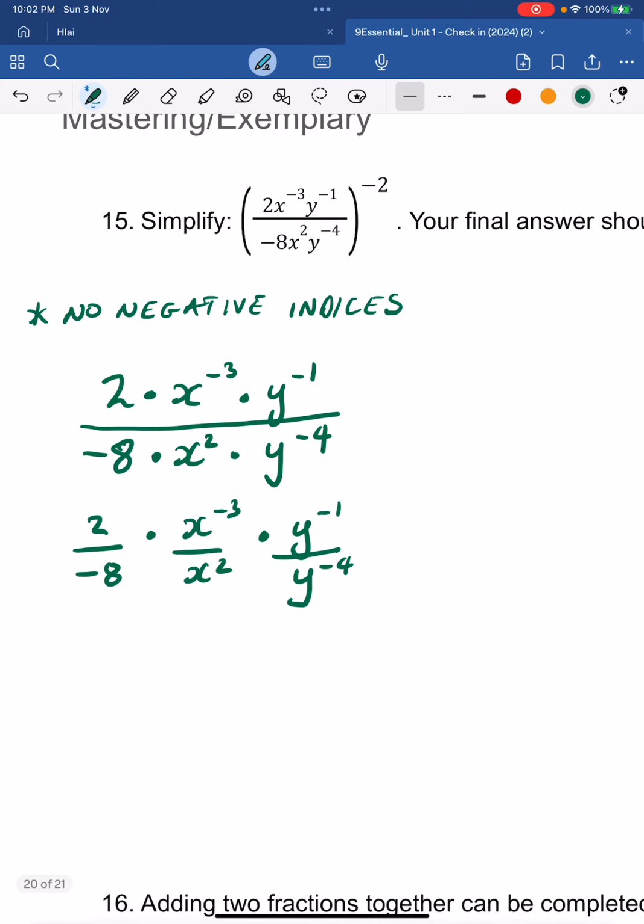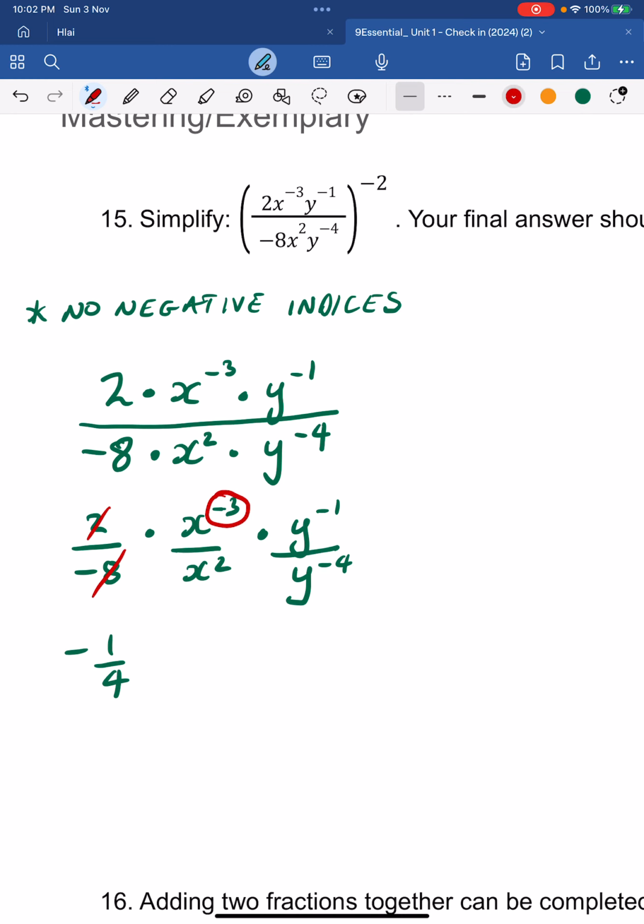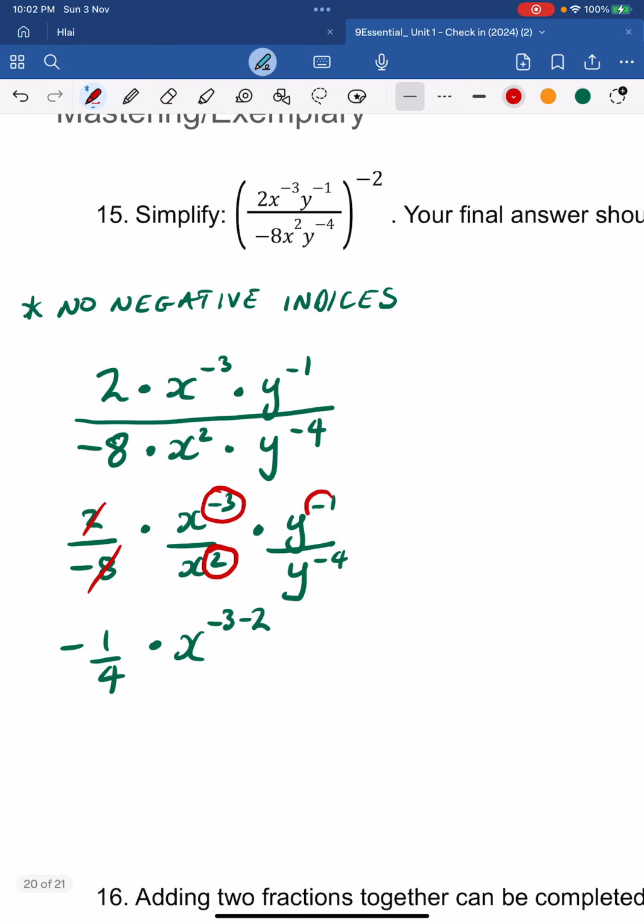And the first one I'm just going to simplify. This can simplify to -1/4. And now we have that exponent rule, right? On a division, we subtract exponents. -3 subtract 2, so that's times by x to the -3 subtract 2. And then the same with the y: -1 subtract -4.